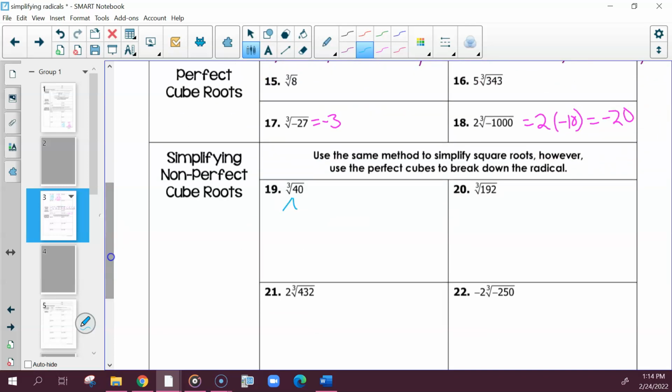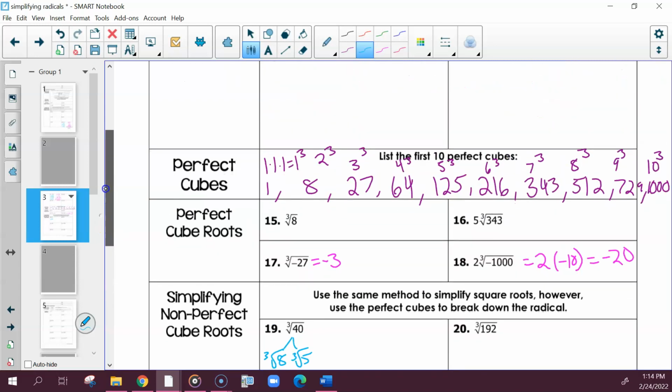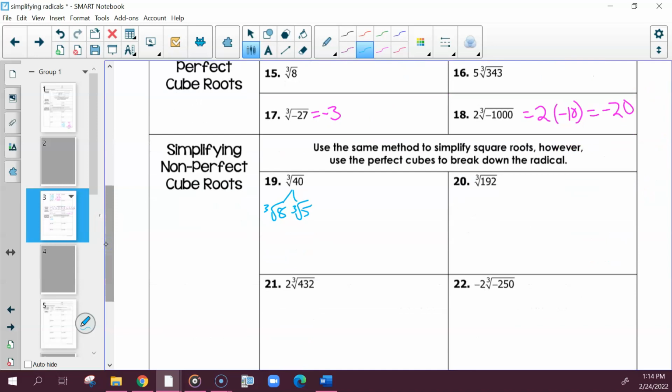So we can say this is the cube root of 8 and the cube root of 5, because 5 times 8 gives us 40. We know the cube root of 8 is a perfect cube, and that would be 2. So we can say this is 2 times the cube root of 5. We can't do the cube root of 5 without getting a decimal, so that would be our answer.